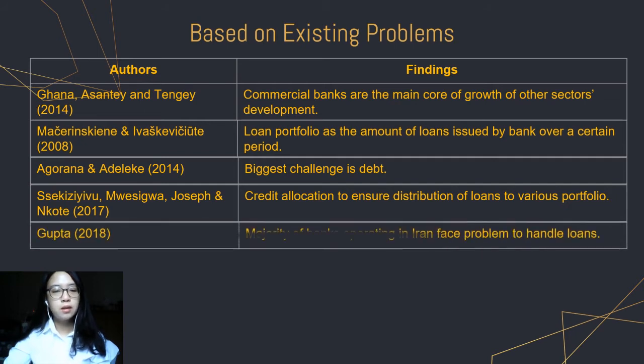Next, in the research of Gupta, he found that it is an obvious fact that the majority of banks operating in Ireland face the complex problem of how to handle their loans in such a way that the bank objectives are being achieved.